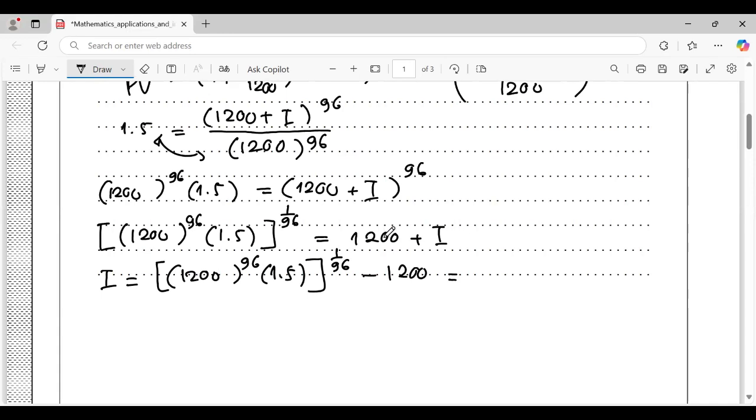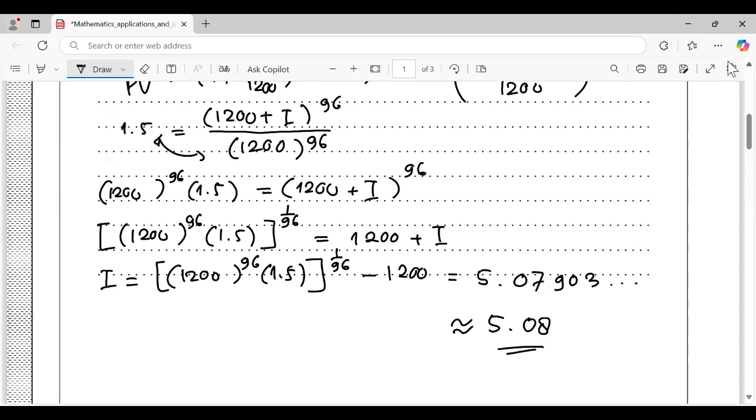And I have calculated this. The result is 5.07903, rounded to 5.08.